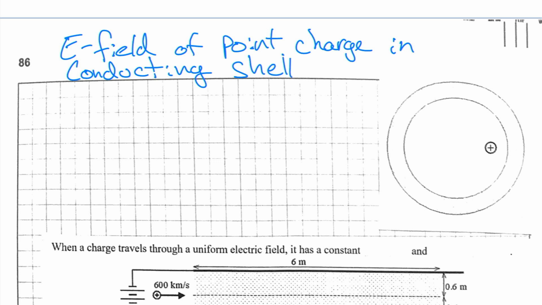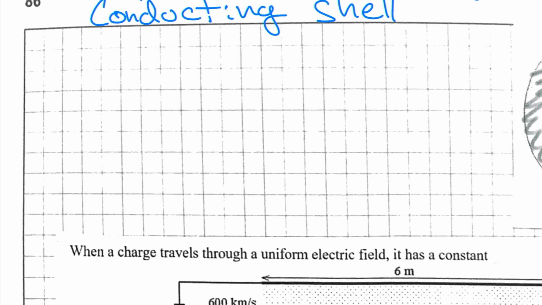So this shaded area here, that's a conductor, and the plus is our point charge, and we're going to draw another one of these over to the left. I'm going to put a plus there, that's my point charge. This one I'm going to make symmetric.